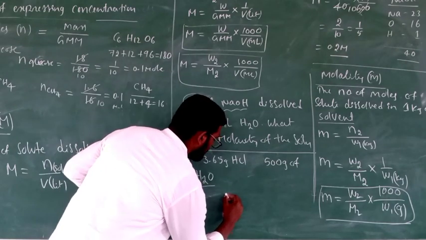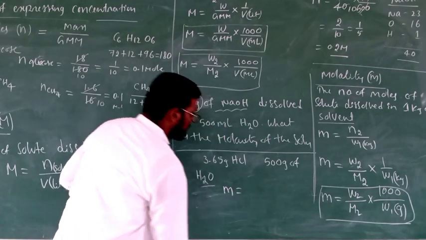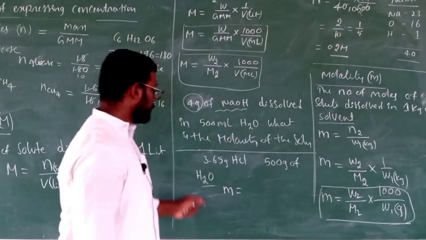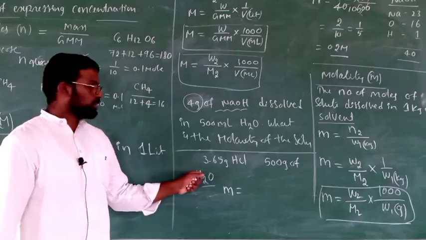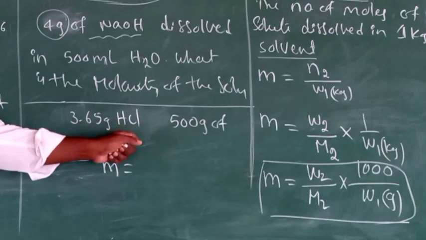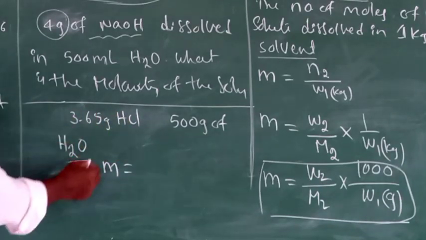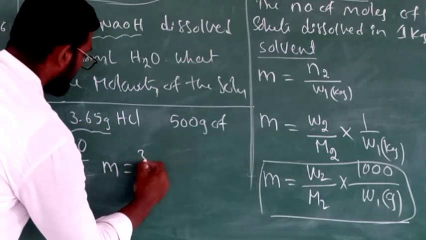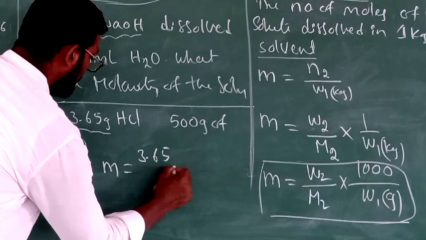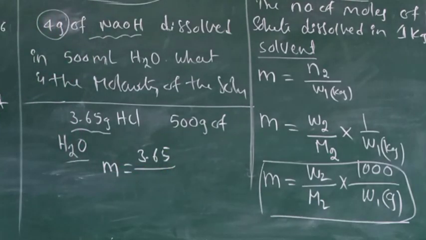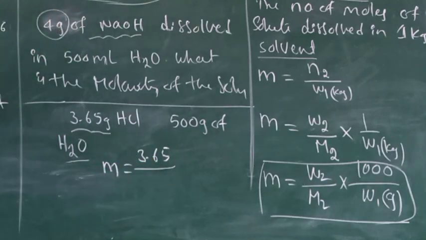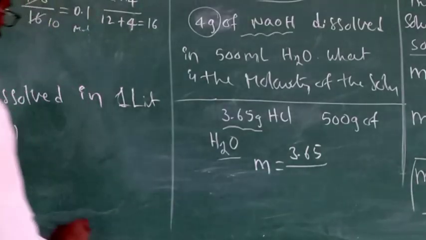Then let's do this. Molality is equal to mass of the solute by gram molar mass of the solute. What is the solute here? The solute is hydrochloric acid. What is the mass of hydrochloric acid? It's given in the problem, that is 3.65 grams, divided by the gram molar mass of hydrochloric acid.